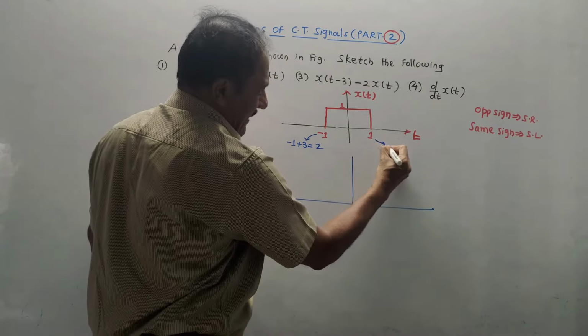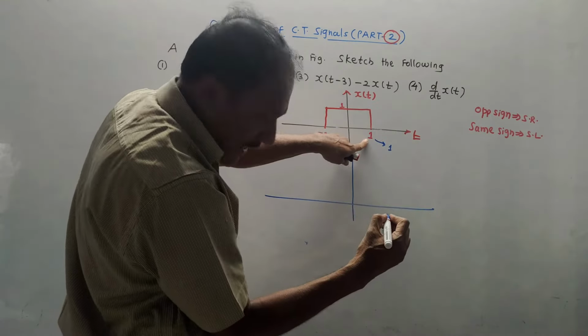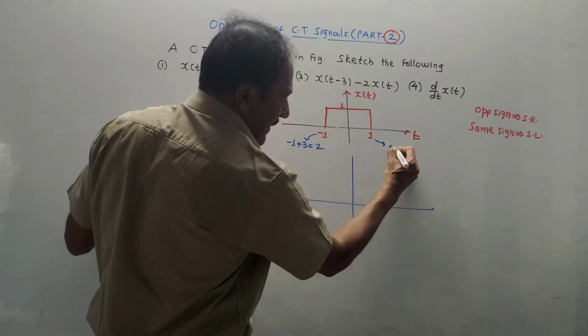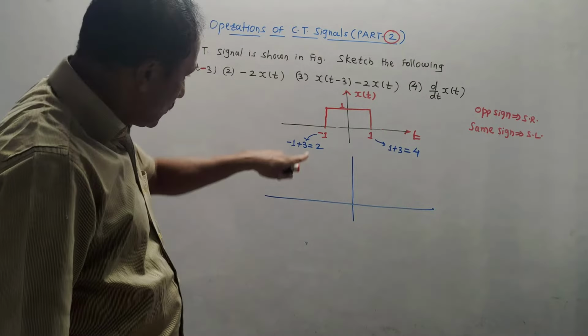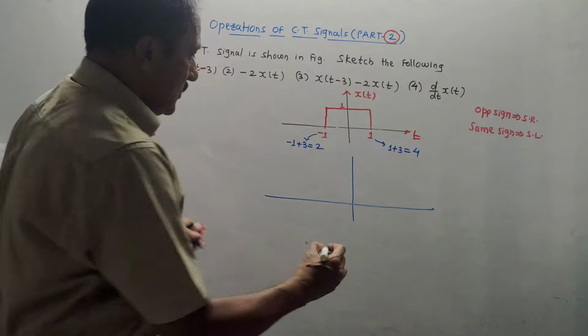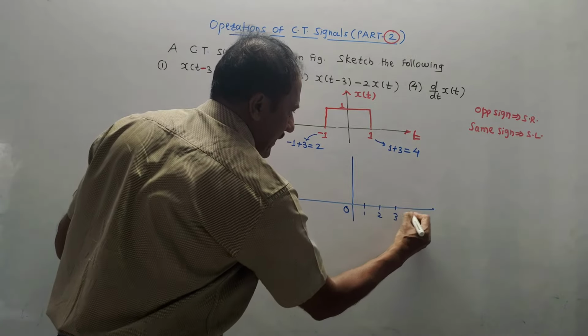Similarly, this limit is 1 because the diagram is from minus 1 to plus 1. So it ends at 1. So the ending limit is 1 plus 3, which gives us simply 4. So the resultant diagram will be from 2 to 4. Let us mark some scales 0, 1, 2, 3, 4.